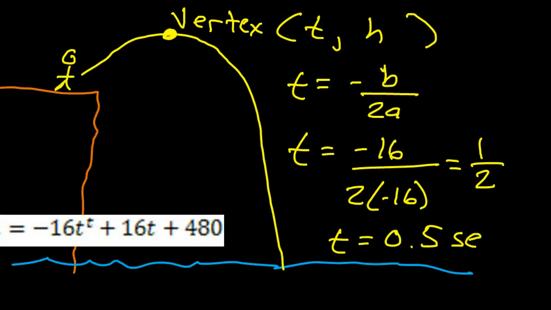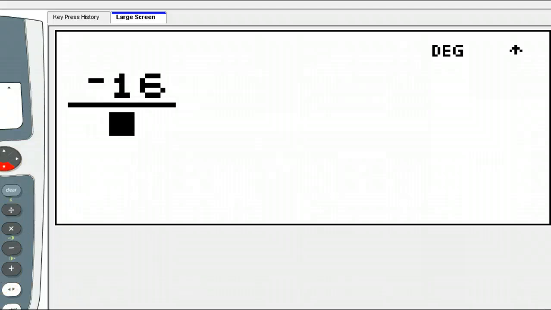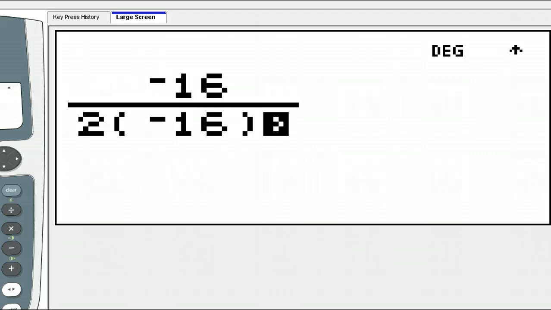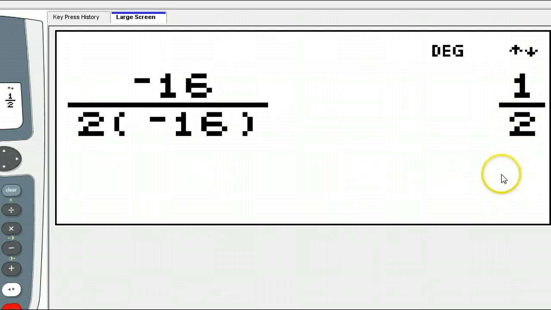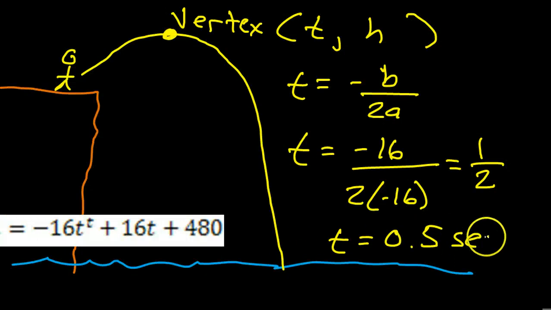So we have negative 16 over 2 times negative 16. Okay, I might judge you a little, but not to your face. So that's 1/2, like I said, 0.5. That's the t value of the vertex.